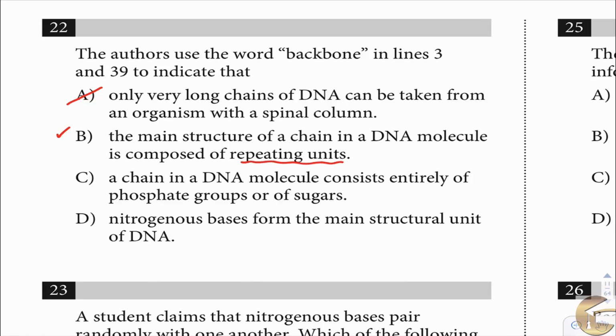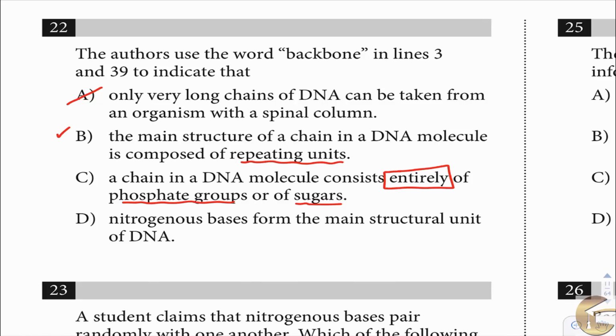C says a chain in a DNA molecule consists entirely of phosphate groups or of sugars. Now, this does have the phosphate groups and sugars. That's good, but it has this strong word, and we want to stay away from strong language. I'm not really going to keep C because of that word entirely.